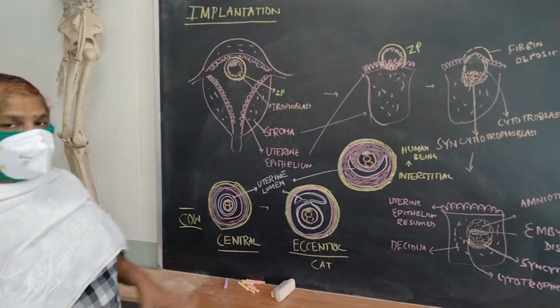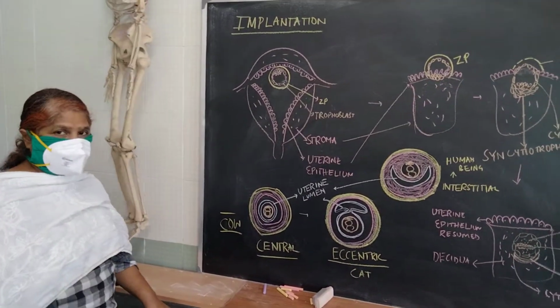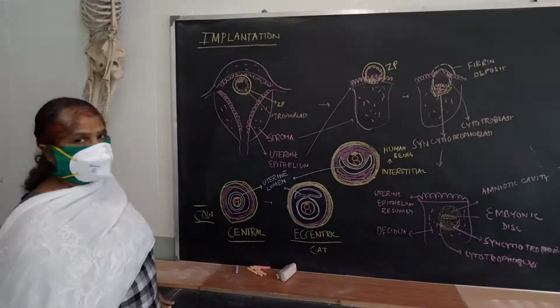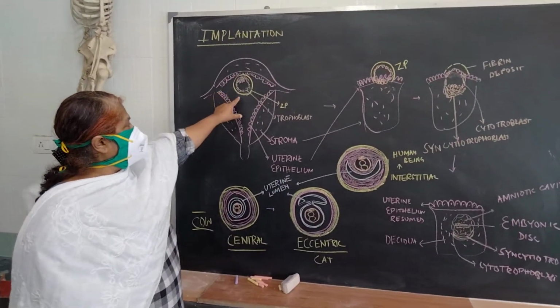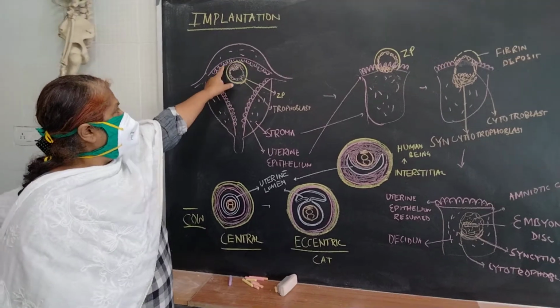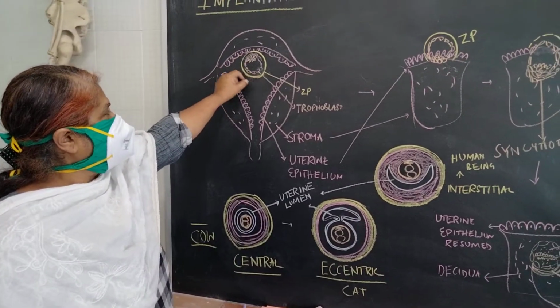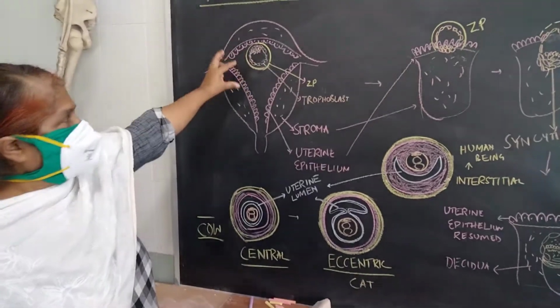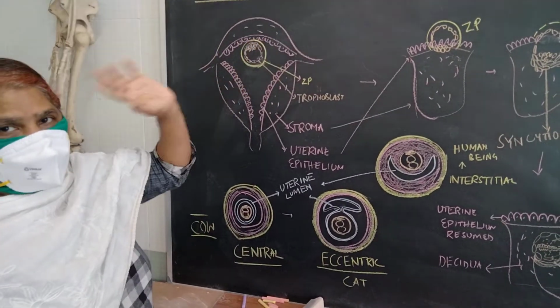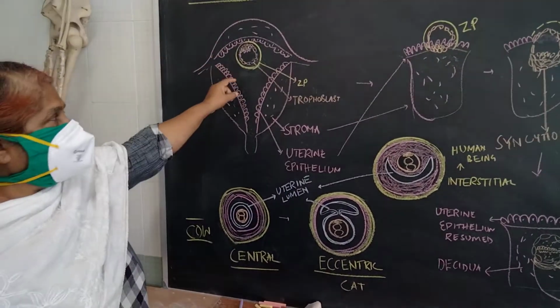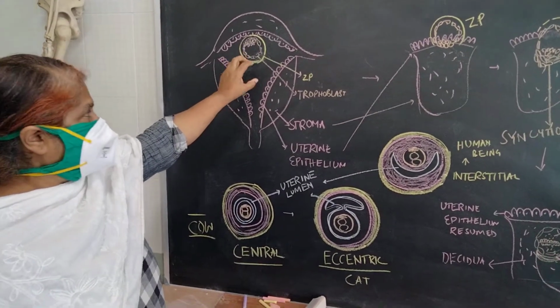Now what are the processes that take place during the implantation? You already know that this is the fertilized ovum, that is, the zygote formation is there. This is the zona pellucida, which does not allow it to be implanted at any abdominal site; it has to be implanted within the uterine cavity.